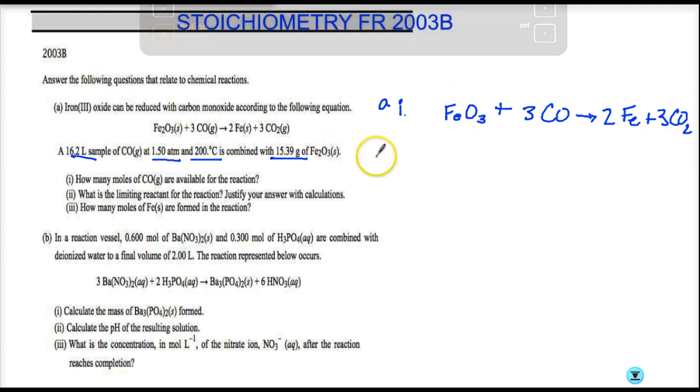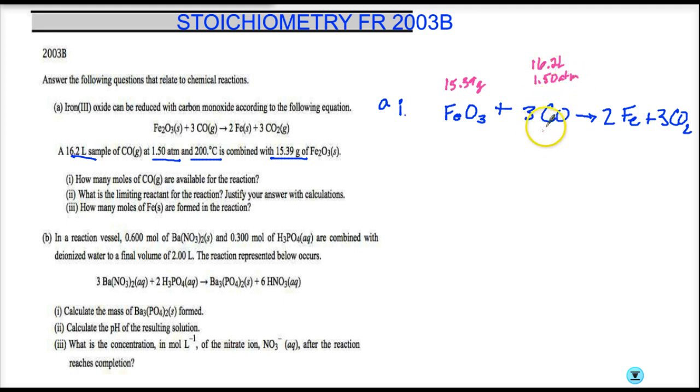Now, I'm given information that I need to record because it's going to help me figure out where I am. They told me I had 15.39 grams of this, and then they gave me information over here. I have information on the amounts of 2 starting materials, so I'm in the land of limiting reactants.